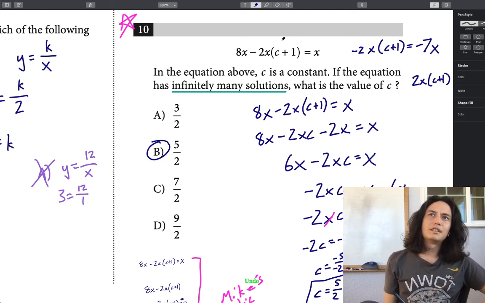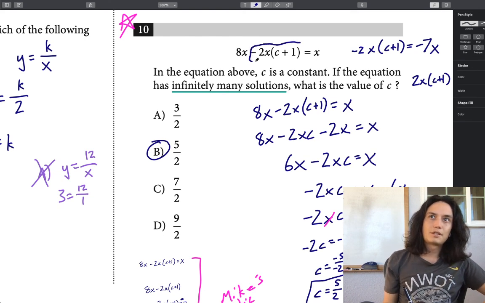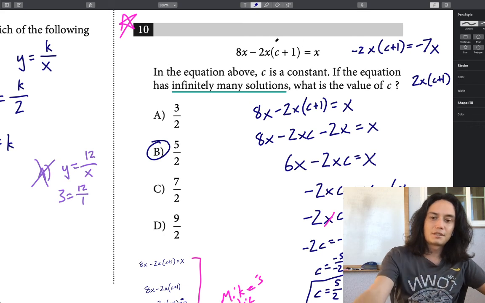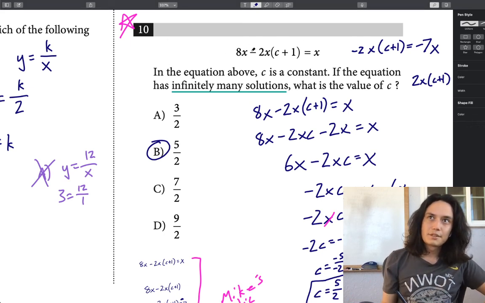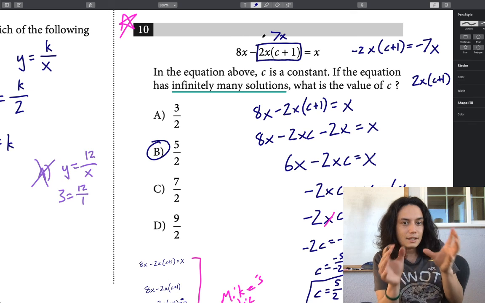And so I was like, okay, let's set this equation up so that it says x equals x. Well, okay, we're starting with 8x. Let's set the equation up so that this turns out to be 7x, because if that is 7x, then we'll get 8x minus 7x is 1x, and x equals x.